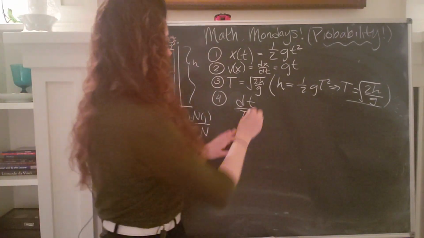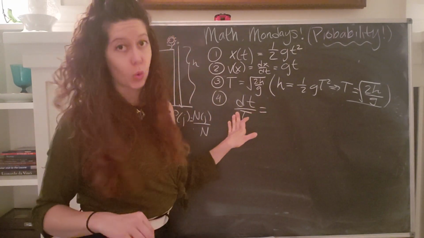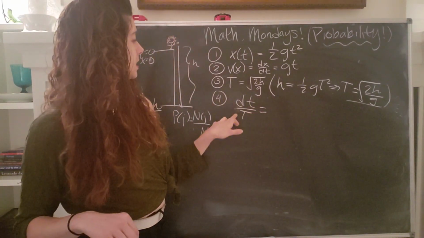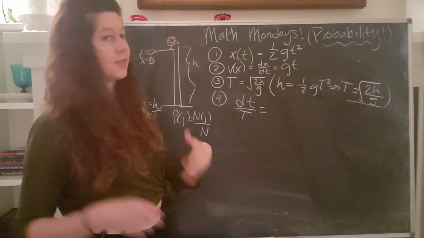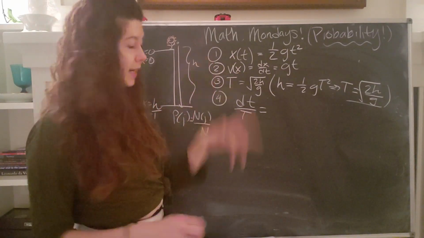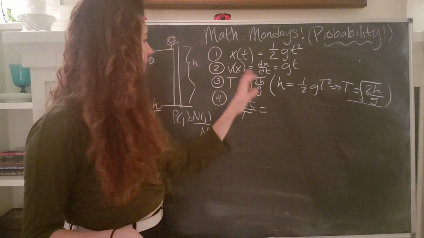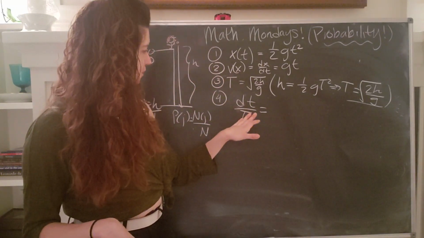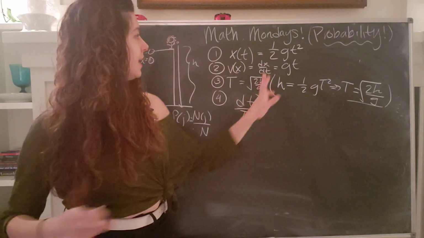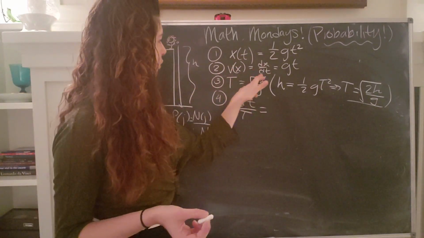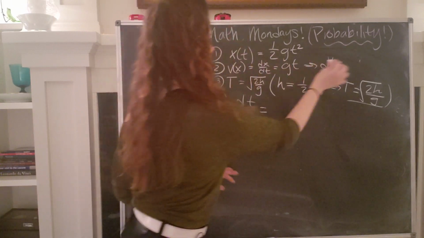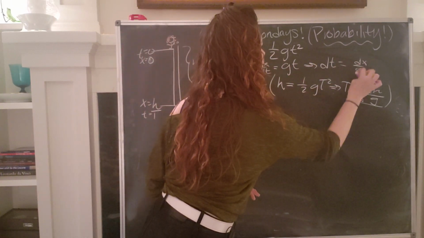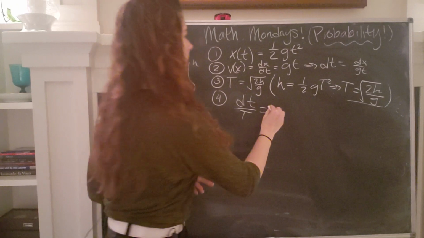Okay, so then what we need to do is find an equation for dt and T in terms of x, because that's our probability density, and that's what we are interested in, this average height, which is a function of x. And so we just substitute in the values that we have for dt. So we can solve for dt this way by dividing dx by gt. Cool, okay, so we're going to do that.